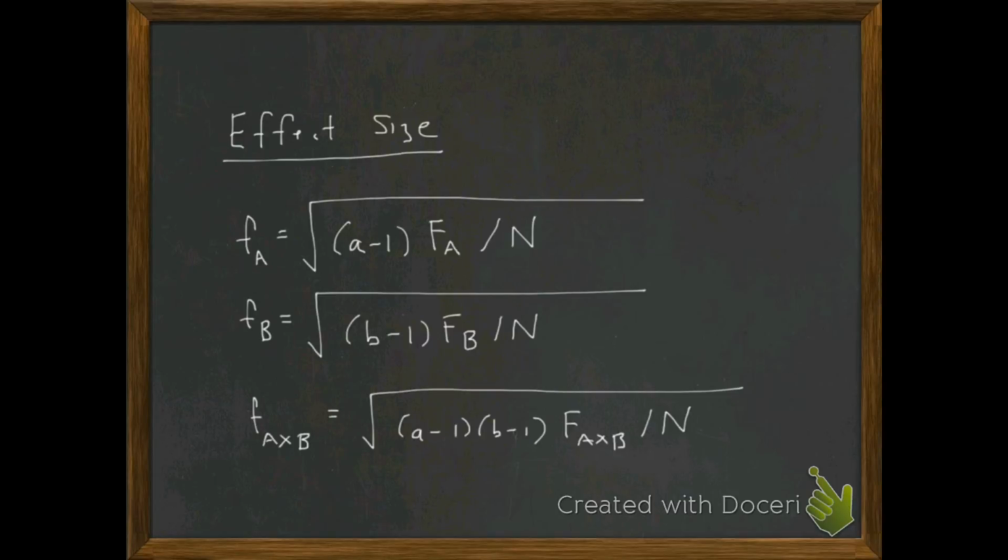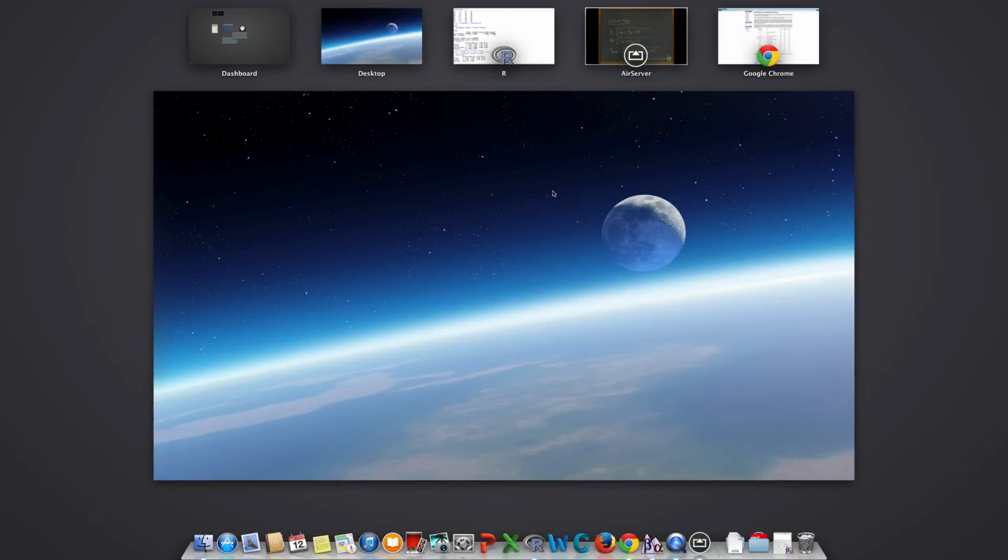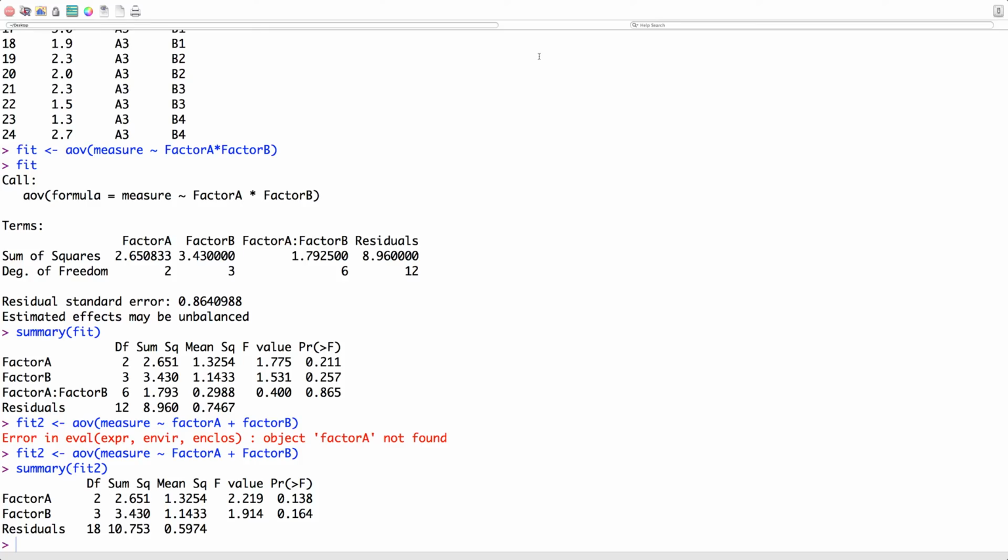times the value for the test statistic divided by n. So guys, we can go back to R and we can get our effect size, and I'm pretty sure it's going to be very small.